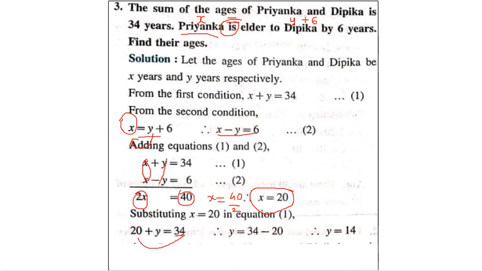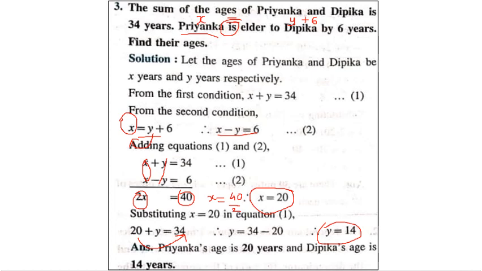So 34 minus 20 would be 14. Therefore y is equal to 14. So the present age of Deepika will be 14 years. Now we got both their present ages. Let's write the answer in the form of a statement: Priyanka's present age is 20 years and Deepika's age is 14 years.